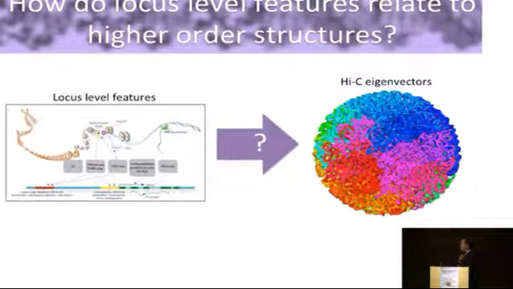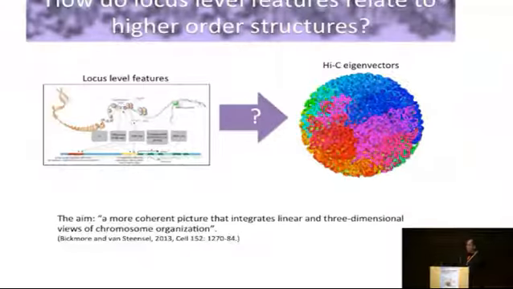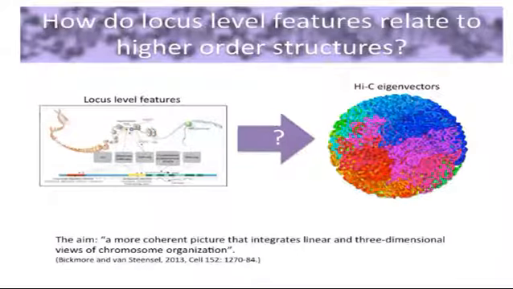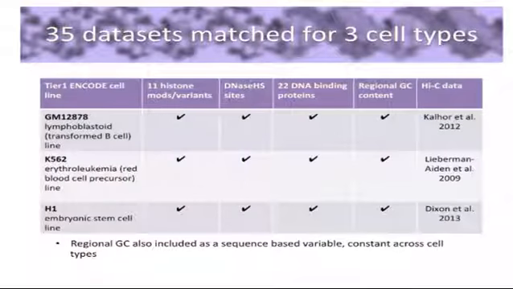And there's a large gap in our understanding of how these locus level features at the small scale relate to the higher order structures that we see coming from Hi-C data sets. So what we're aiming to do here is to get some insights into how these two levels of organization interact, and in the process get a more integrated view.